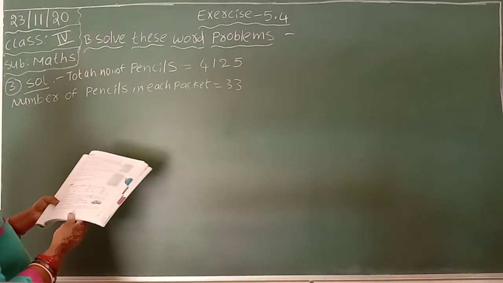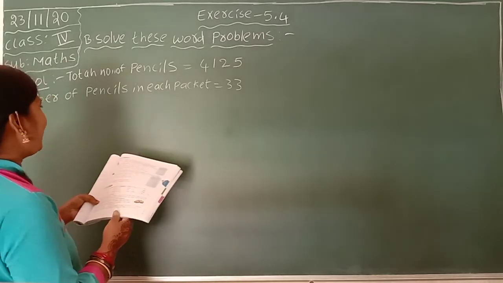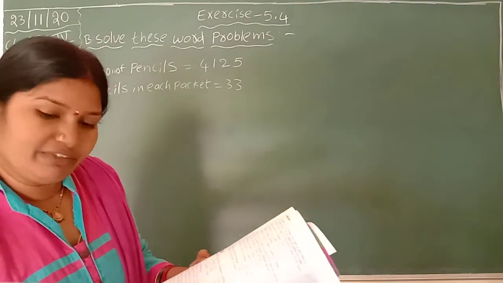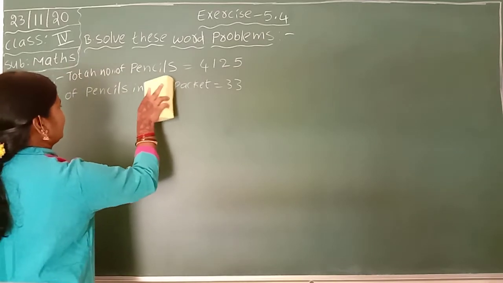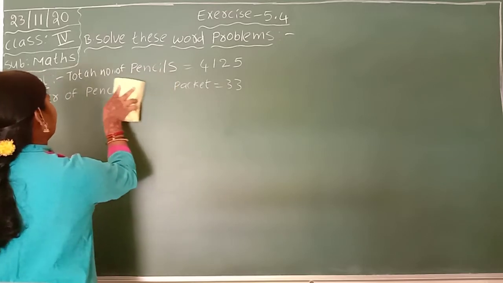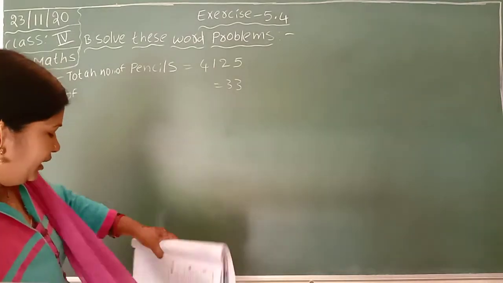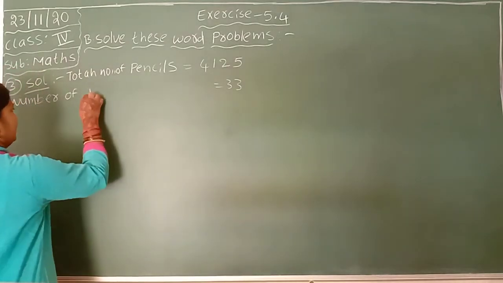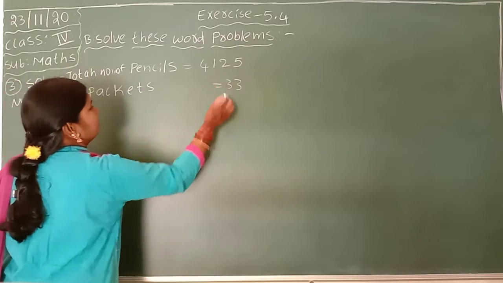Okay. Number of packets. Here, in total, how many packets are there? Number of packets is equal to 33.